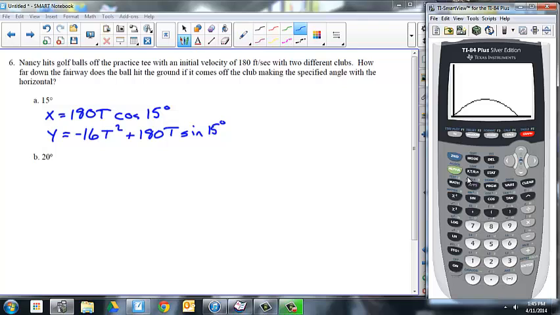All right, now our job here is to find out how far down the fairway does the ball hit the ground. Okay, so one thing I need to do is actually go back to that window. I know it seems kind of silly, but I need to see less than 0 for the Y minimum. I'm going to go like negative 10 so I can actually see the ground level, because what I've got to find is where does that ball cross the ground.